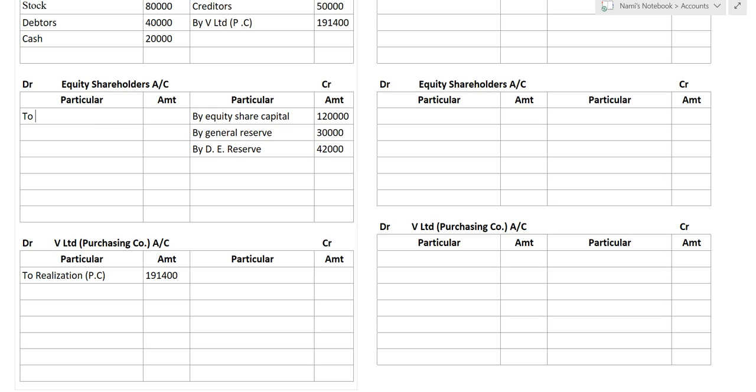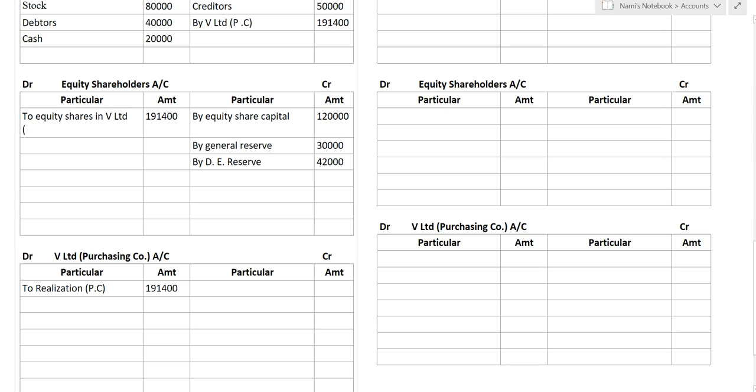So here you will write 'To equity shares in V Limited, 1,91,400'. The number of shares was 19,140 into rupees 10 each.